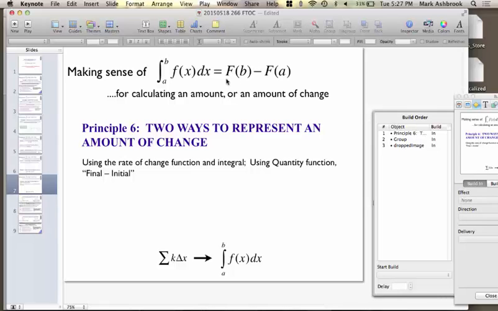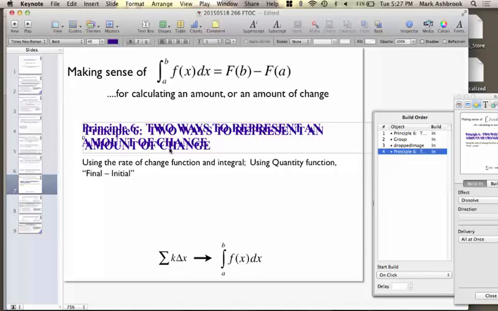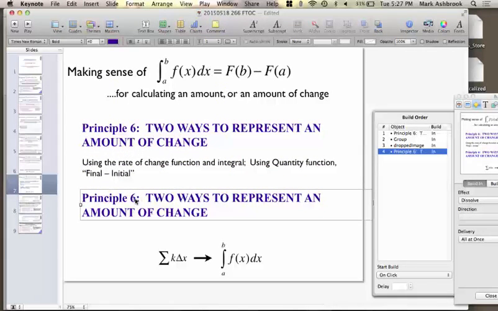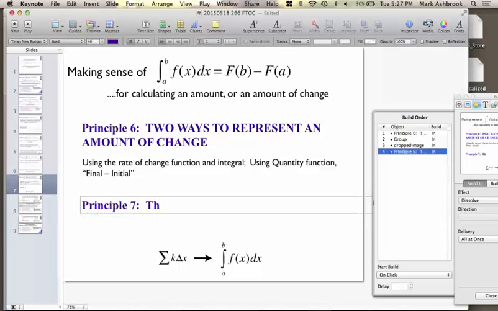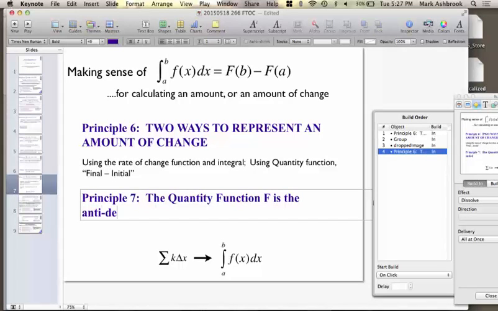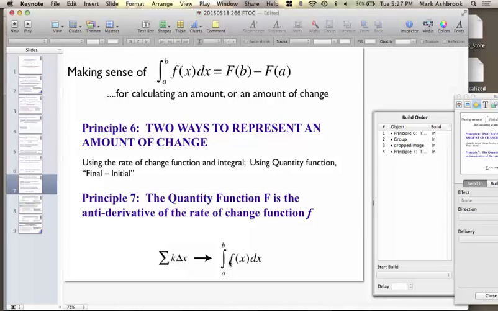This quantity function is the antiderivative of the rate function. That's principle 7. And that does it.